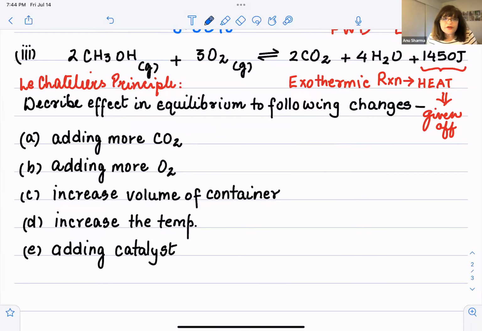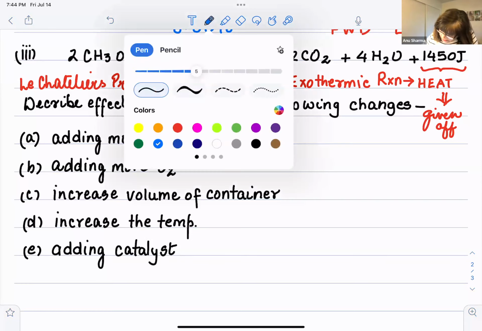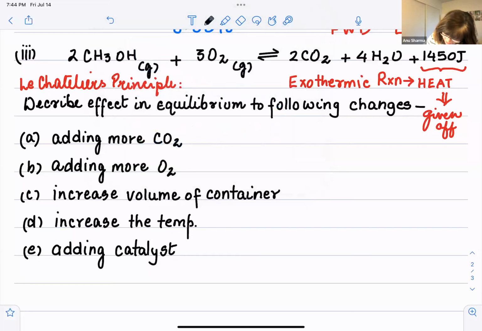What is the direction of the equilibrium? Describe the effect on equilibrium of the following. Or in other words, what direction does the equilibrium move? What is the effect on equilibrium of the following changes?